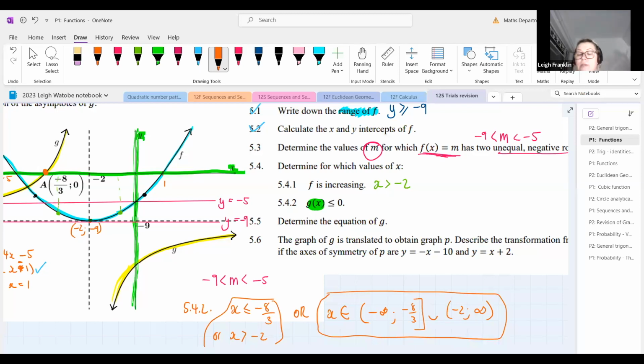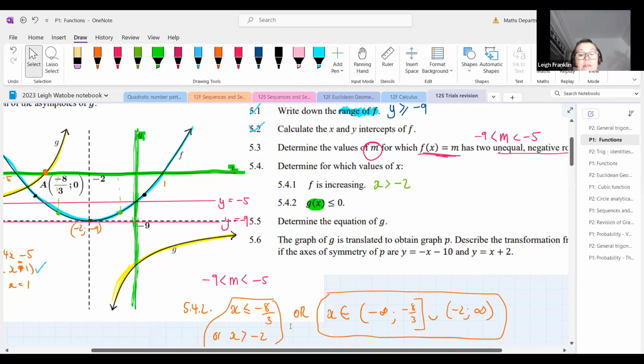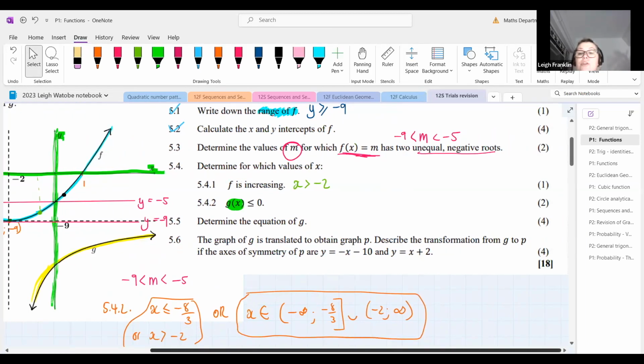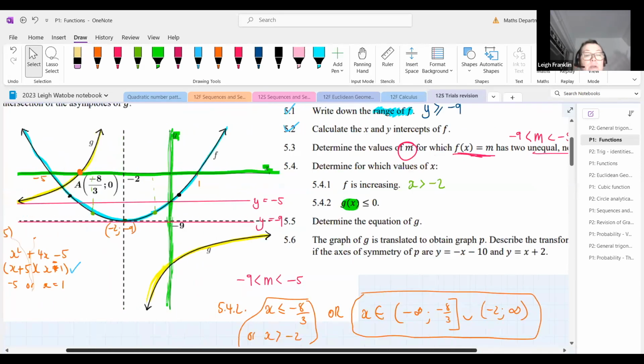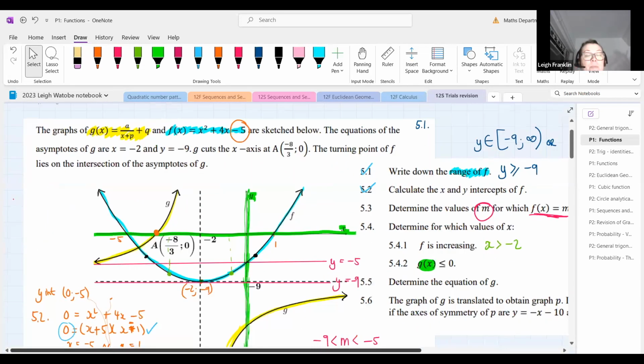All right, next question. They want us to determine the equation of g. So let's just go back up. They want the equation of g. So in other words, they want us to fill in the values of a and p and q.